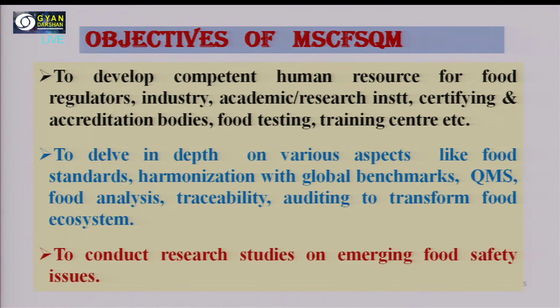So the objectives of the master's program are to develop competent human resource in the area of food safety and quality management for different food stakeholders like the food industry, the food regulators, the research and academic institutes dealing with food, the accreditation and certification bodies, the food testing laboratories, food training centers, and the students will also conduct research studies in emerging food safety and quality issues.